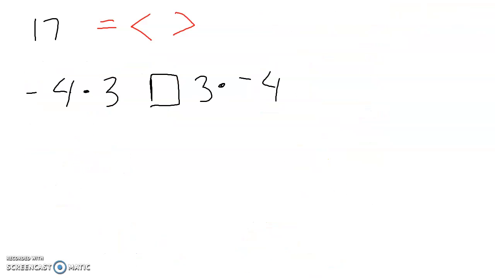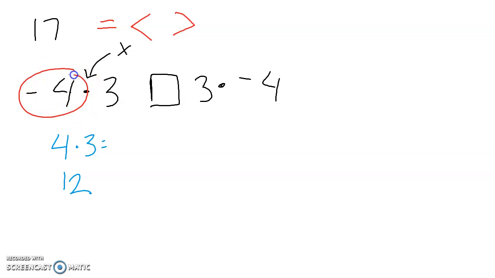Moving on to part C now, we have a negative 4 times 3. Remember, that is a multiplication. Compared to a 3 times negative 4. With multiplication, we can ignore the signs, do the multiplication like normal, and then re-enter the signs later. So we have a 4 times a 3, that's going to be 12. And then we're going to look back at the signs.